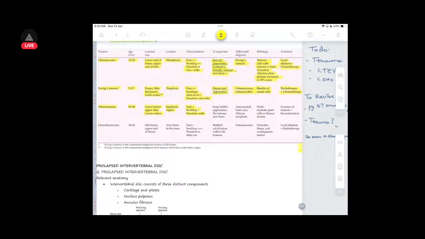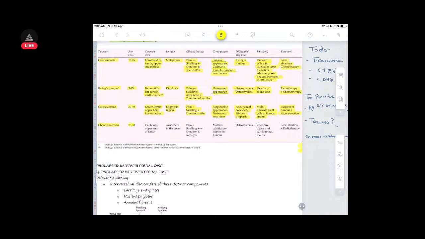Duration may last for months. Soap bubble appearance is there, and no new bone formation is there. It can be aneurysmal bone cyst or fibrous dysplasia. There are multinucleated giant cells in the fibrous stroma. Then you can do excision of the tumor with reconstruction to treat osteoclastoma. Excise the tumor and reconstruct it.